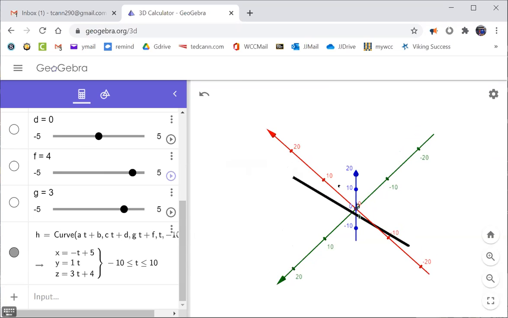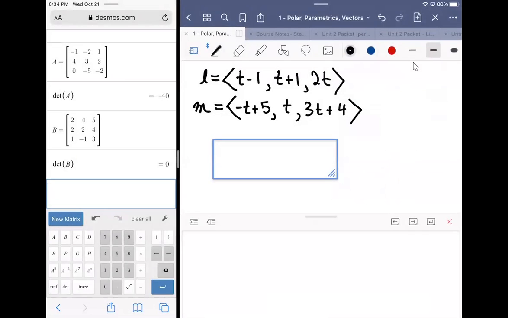So let me stop this share. Start this share. All right, and so these would be our parametrics that we're playing around with here.